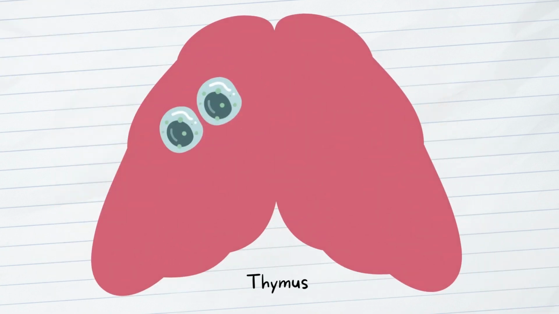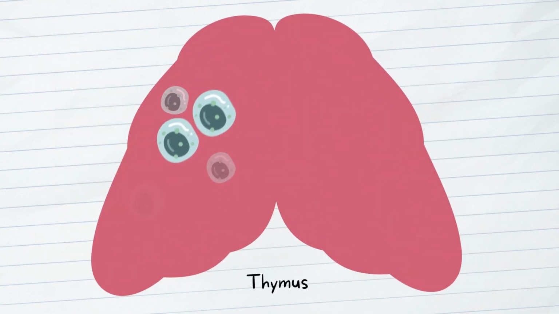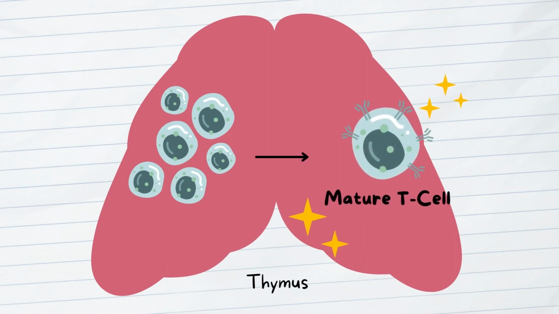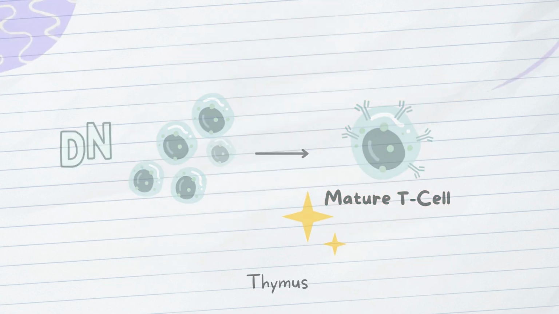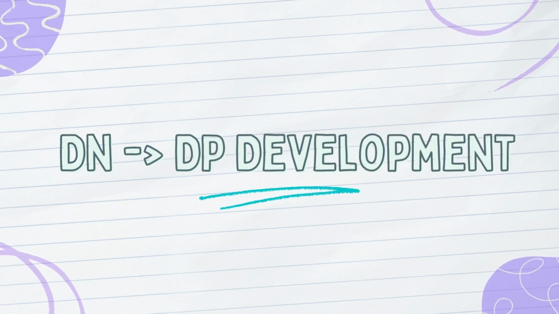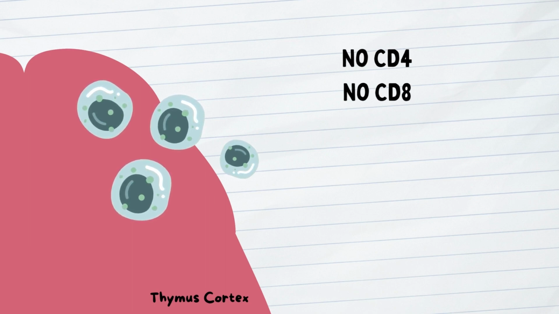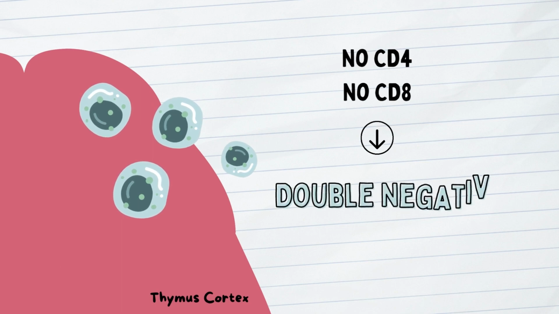Once in the thymus, the progenitor can rapidly proliferate and follow a step-by-step process to become a fully mature T cell. In the previously mentioned review article, the early thymic progenitors that enter the thymus cortex express neither CD4 nor CD8 co-receptors and are thus called double negatives.